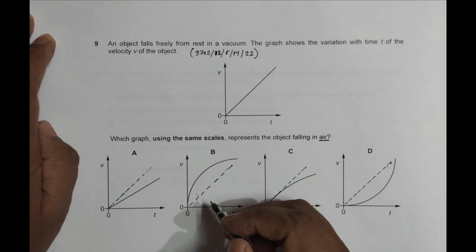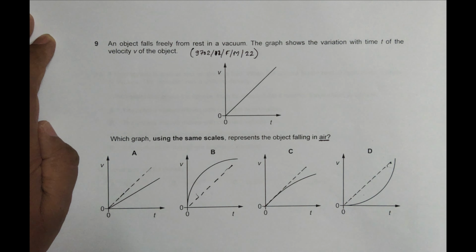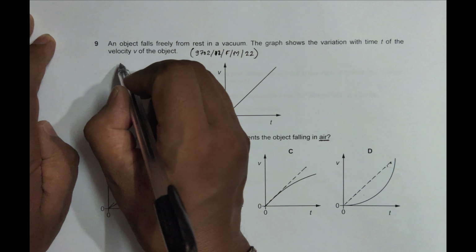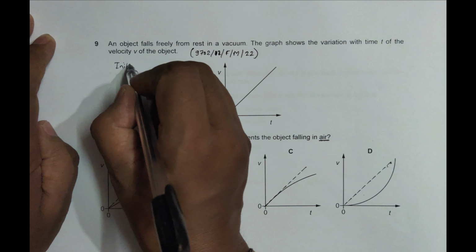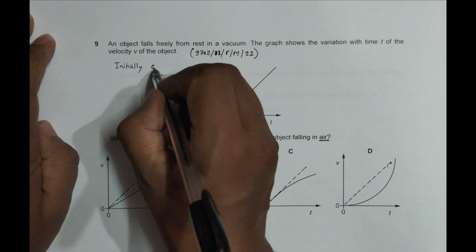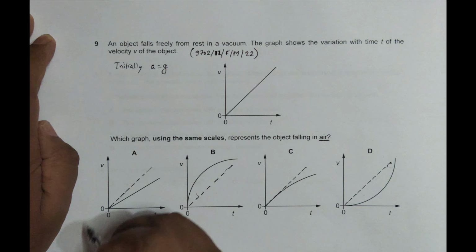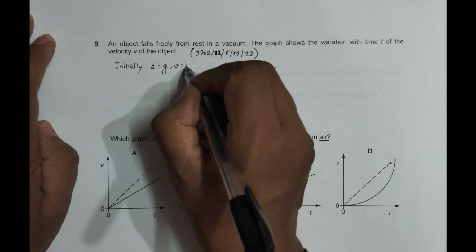So in air, let us just study the general pattern. If it falls in air, initially at the very beginning, we have a equal to g, and at that time v equal to 0.